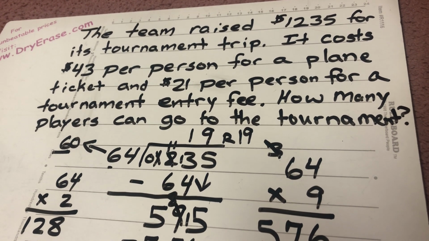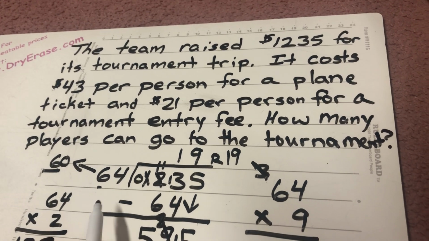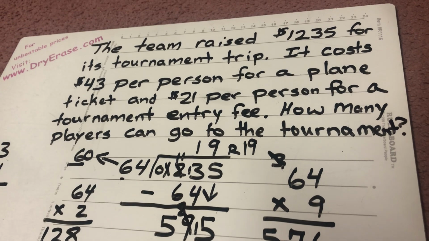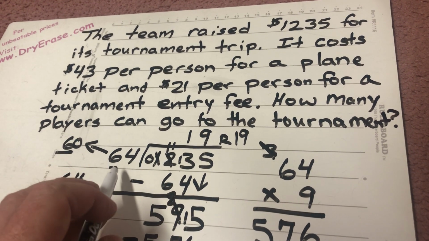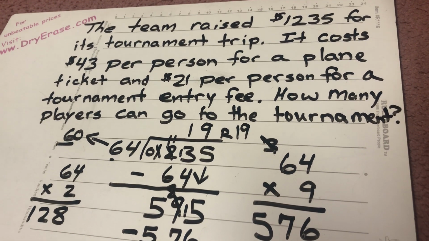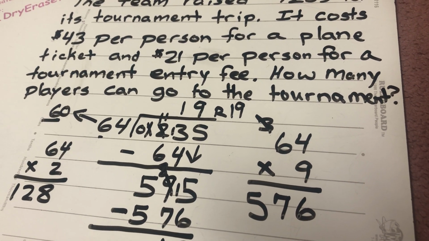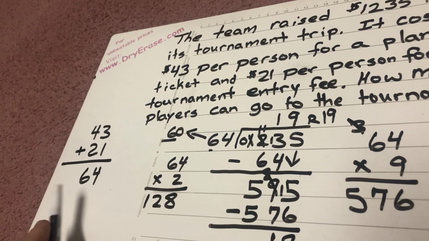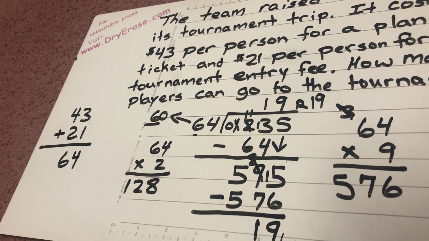So this is what we call interpreting the remainder. It's important to understand how to interpret the remainder in this situation. Basically, it says that you can get 19 groups of 64, but you still have $19 left over. $19 is not enough to send a person to the tournament because we've already established that it costs $64 to send somebody to the tournament.